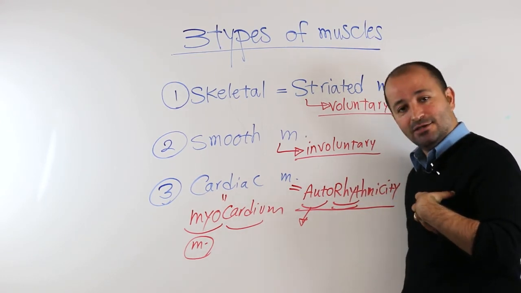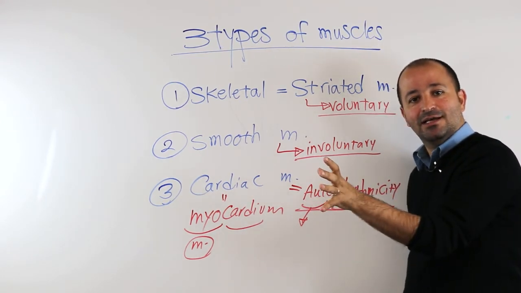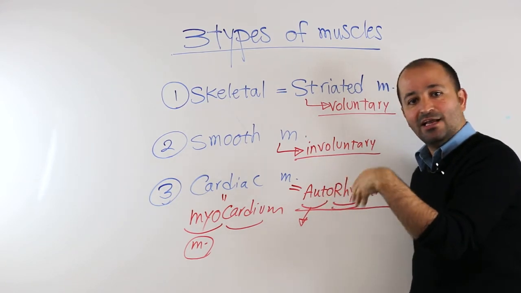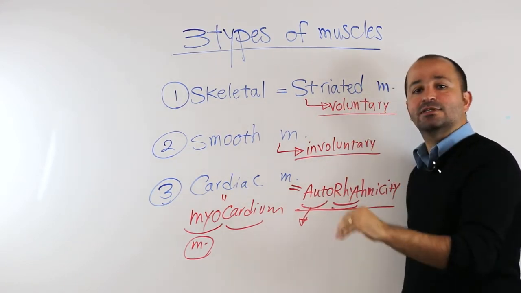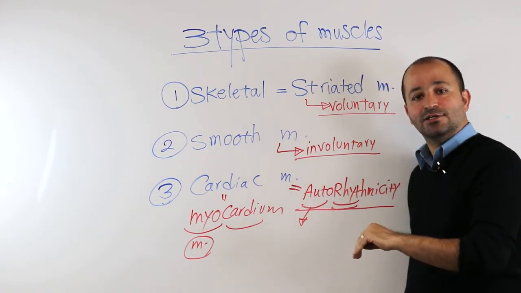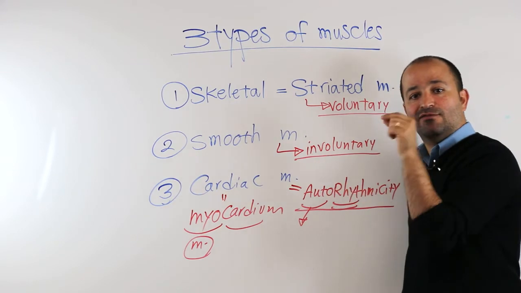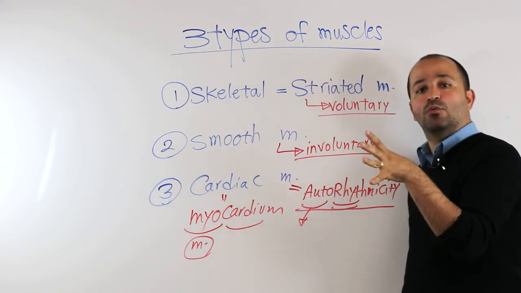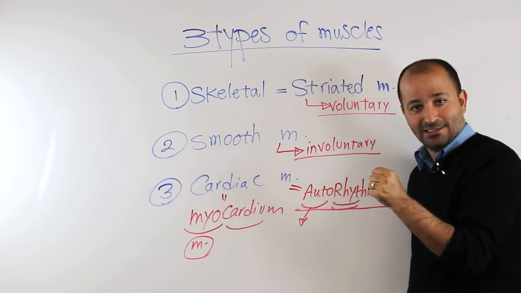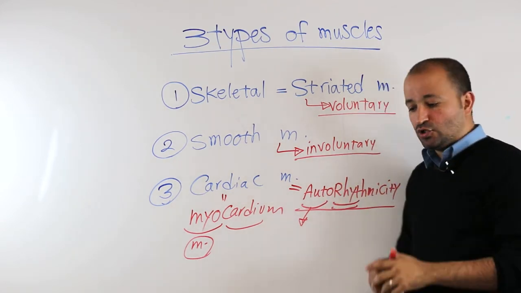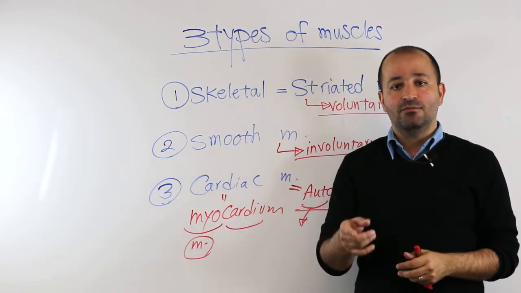I can take my heart outside of my body, and it will go boop, boop, boop, boop. It will contract like that, probably another 60 or 70 years, as long as I provide food and oxygen for this muscle. So it has its own brain inside, and it doesn't need to receive any order from the brain.